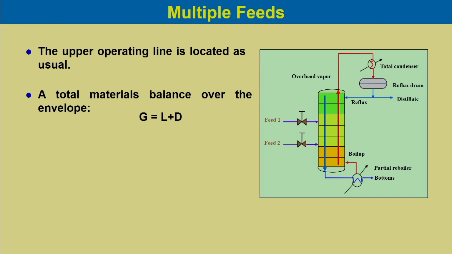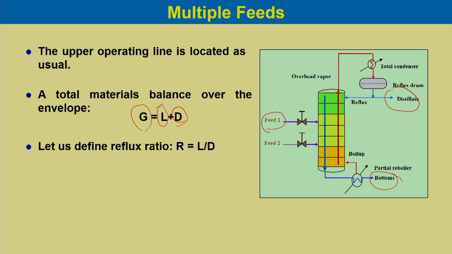A total material balance over the envelope, if we do. The distillate, which flows out at the top of the column, is D, G is the gas inlet at the bottom of the tower, L is the liquid which is coming out at the bottom, and D is the distillate which is going out at the top. So, distillate, bottoms and the feed in.